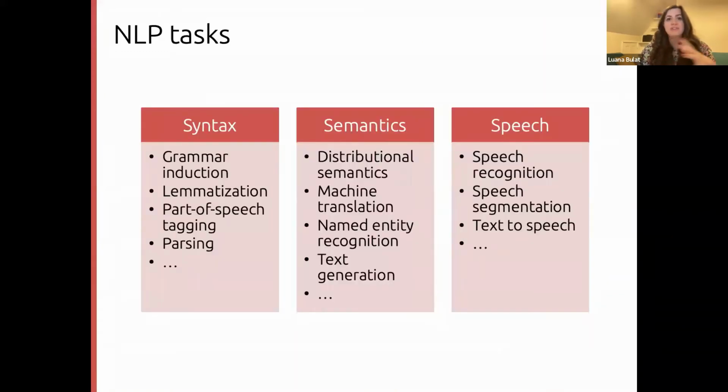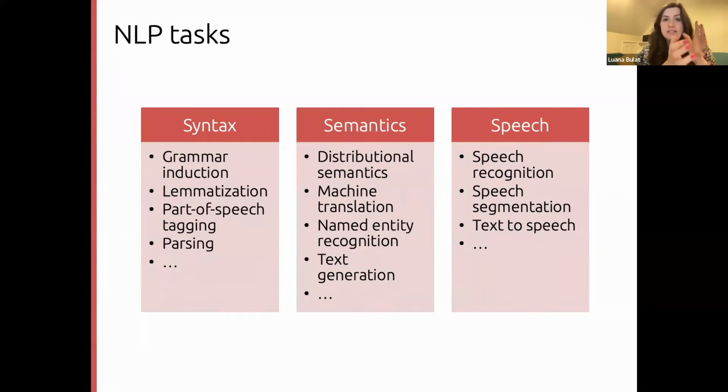So just to give you an idea of the breadth of NLP tasks and its applications, you can see some examples on this slide. Just to name a few, grammar induction thinks about generating a formal grammar that describes the language's syntax.